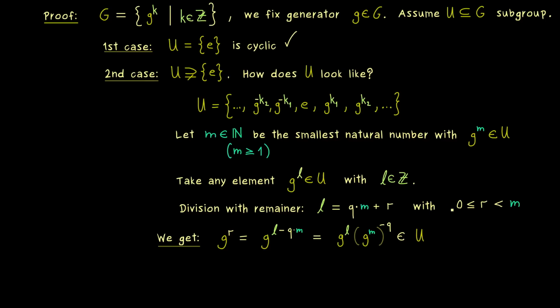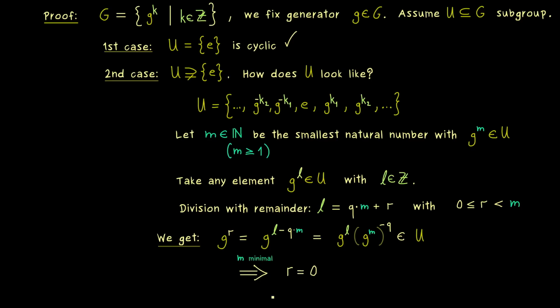Either r is equal to 0 or it's bigger than 0 and less than m. But in the second case, m would not be the smallest natural number where the power still lies in U. So the conclusion is, since m is minimal, r has to vanish.